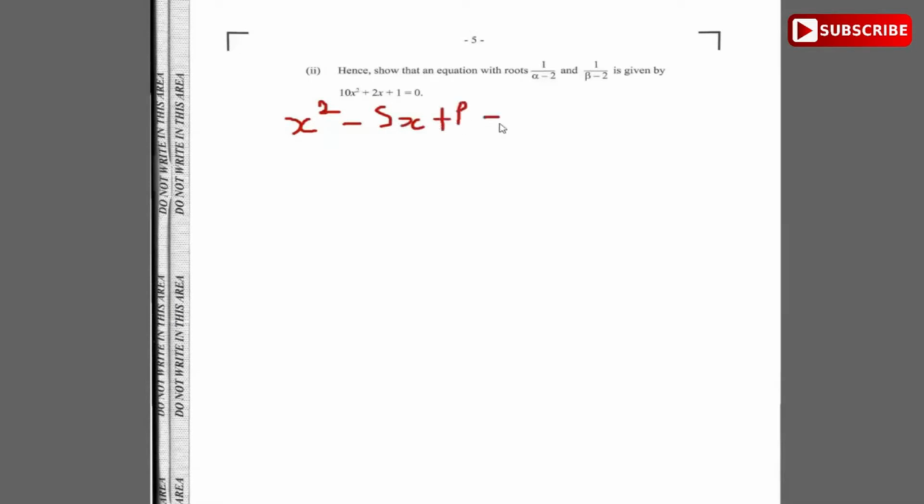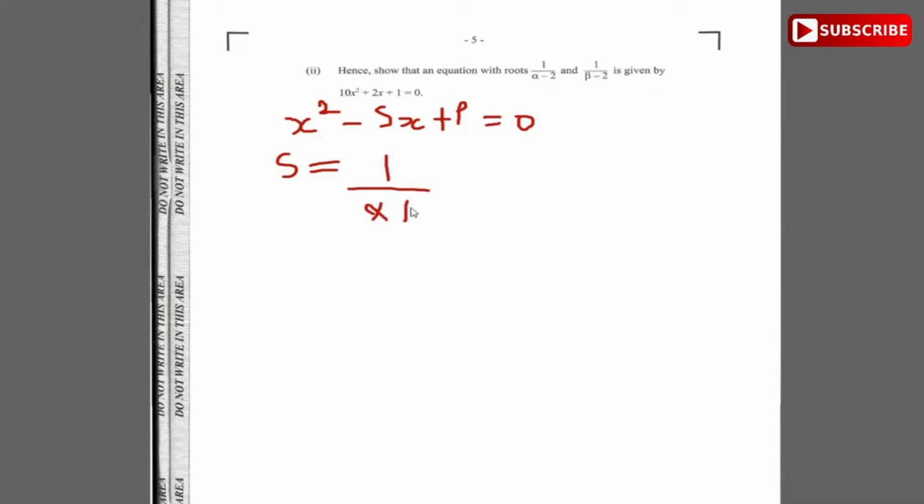That's how we find the equation of a quadratic. Now we need to find the sum, S. S is going to be equal to 1 over alpha minus 2 plus 1 over beta minus 2. That's how we find the sum.